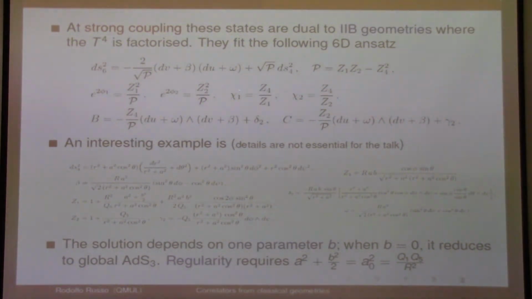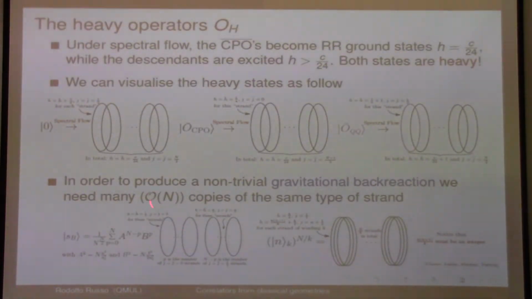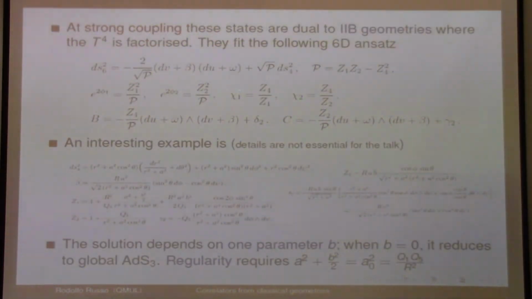They did it for N equals 4 super Yang-Mills, using some quantity that we know or believe is protected, and then checking that you get the same result by doing a free CFT calculation, or a strongly interacting CFT calculation, which is using the gravity language.